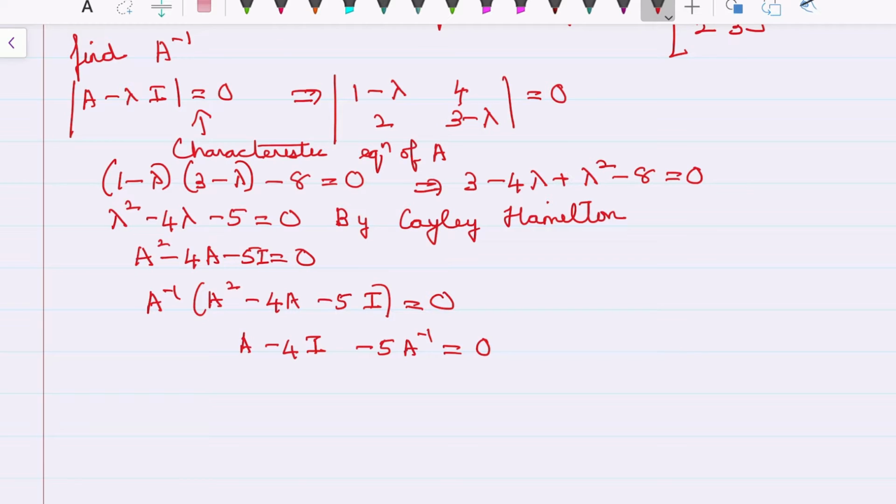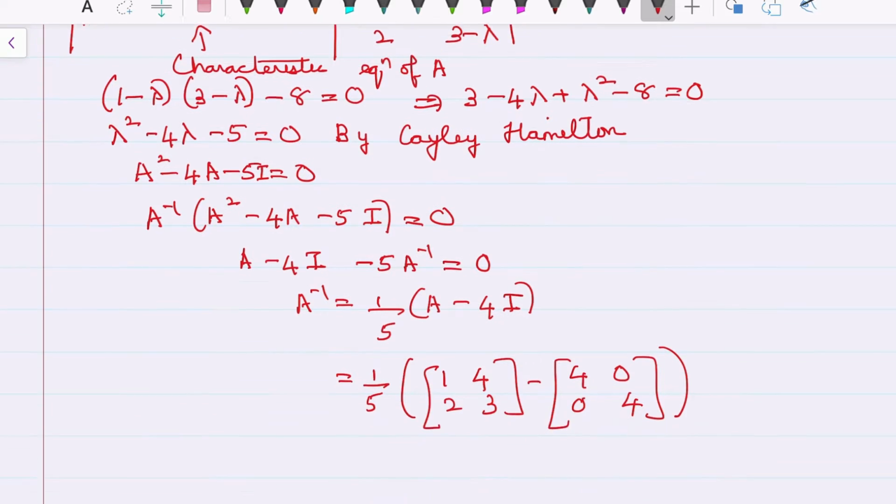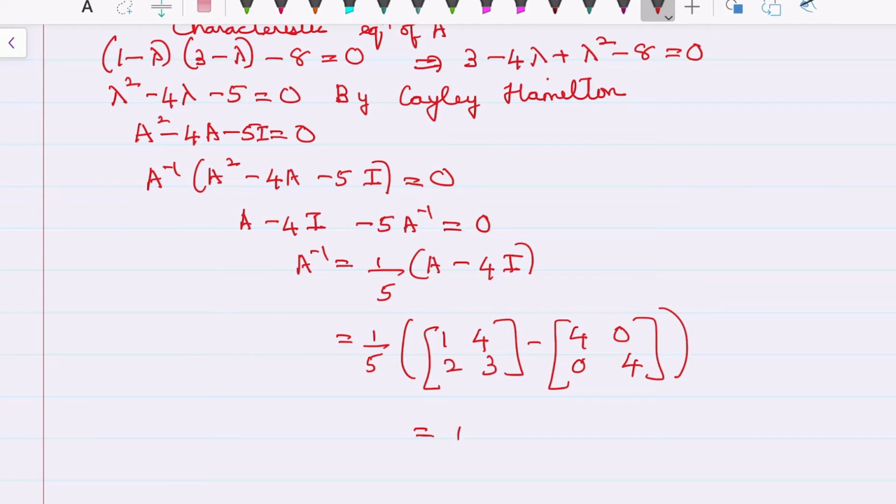Simplifying, you get A inverse equal to 1 by 5 into (A minus 4I). And if I substitute, you get 1 by 5 times [1, 4; 2, 3] minus [4, 0; 0, 4], and this reduces to 1 by 5 times [minus 3, 4; 2, minus 1].